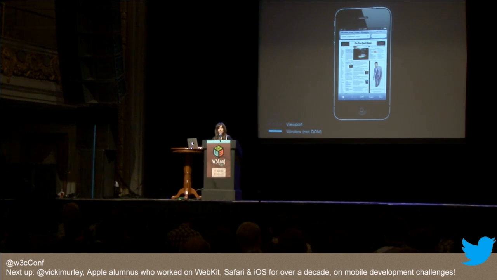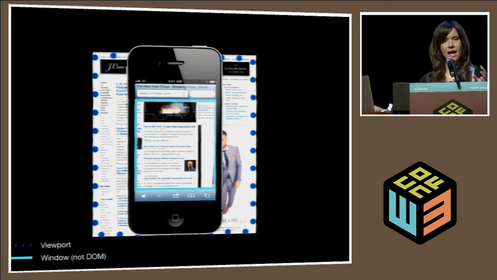On mobile, the story is a little bit different. We still have these two things, the window of the application and the viewport, but for a user to see more of the page, the interaction is completely different. They may double tap to zoom in or pinch to zoom in. When they do that, we still have this window that is a fixed size that we're using to peer through and see the content of the page.